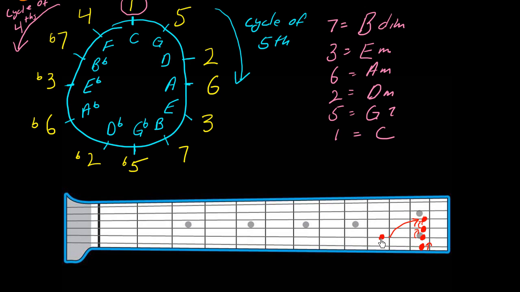So if I start here, once again, it wants to go up to the fourth. I'm going to pull this to the octave here. This note wants to go up here. This note wants to go up here. Make an octave to here, octave to here. That's how the fourths work on the guitar.